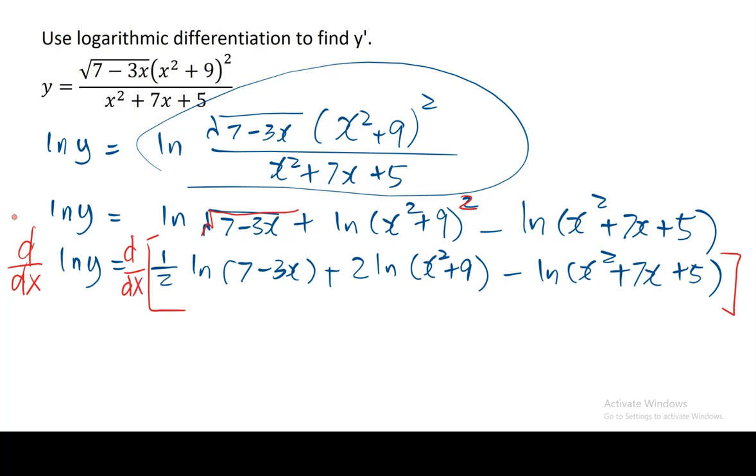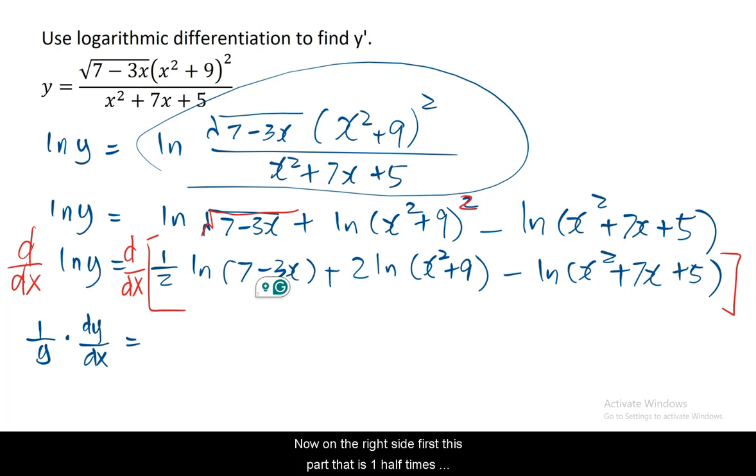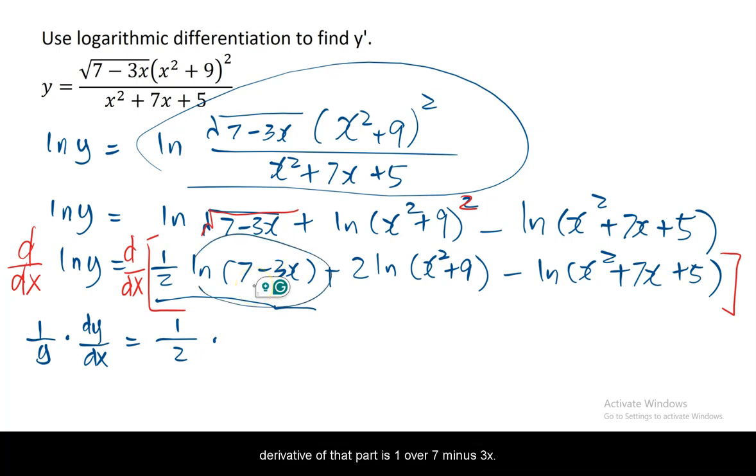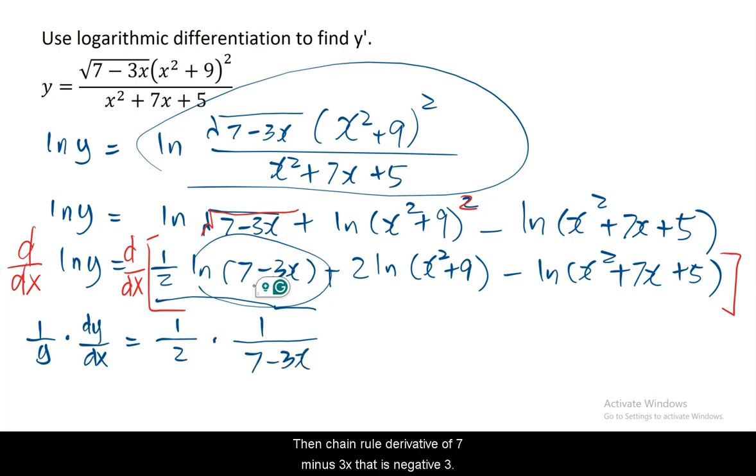What do we have here? On the left side, that's 1 over y times the chain rule, so it's dy/dx. Now on the right side, first this part, that is 1/2 times the derivative of that part, 1 over 7 minus 3x. Then chain rule, the derivative of 7 minus 3x is negative 3.